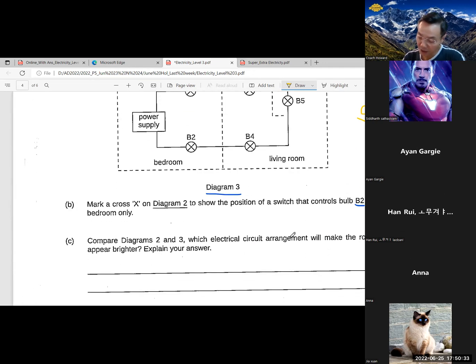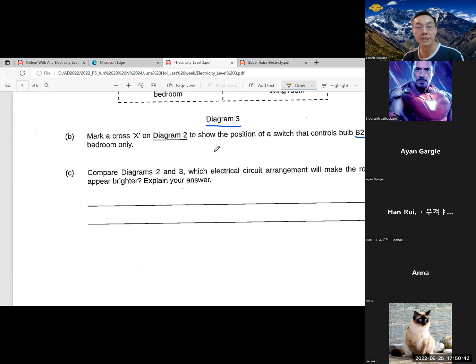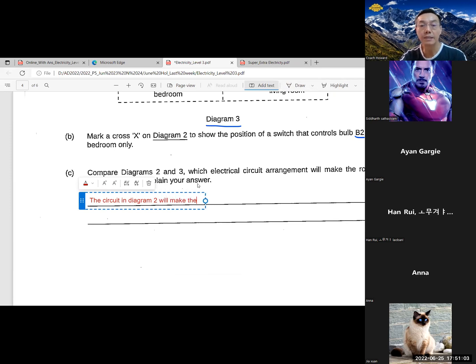Explain your answer. So you should say that bulbs connected in parallel will shine brighter than those bulbs connected in series. So for this question, you say, the circuit in diagram 2 will make the room brighter.